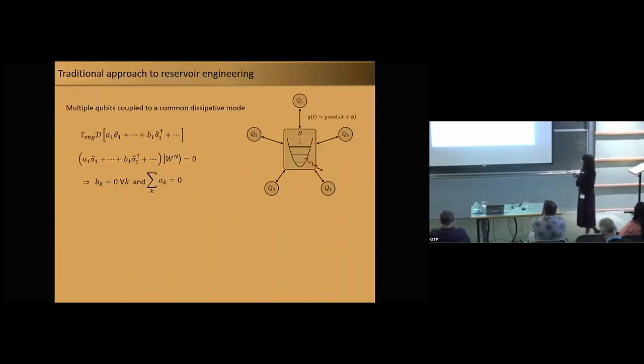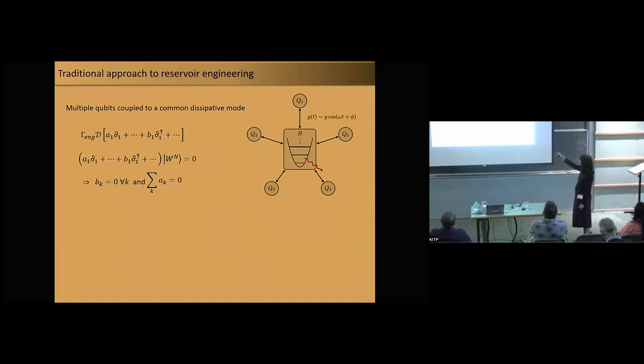So we first looked at the traditional approach to reservoir engineering, which was also touched upon in the last talk, where you basically have some kind of a common motional mode, like in a trapped ion setting, and you have multiple atoms or ions talking to that common motional mode.